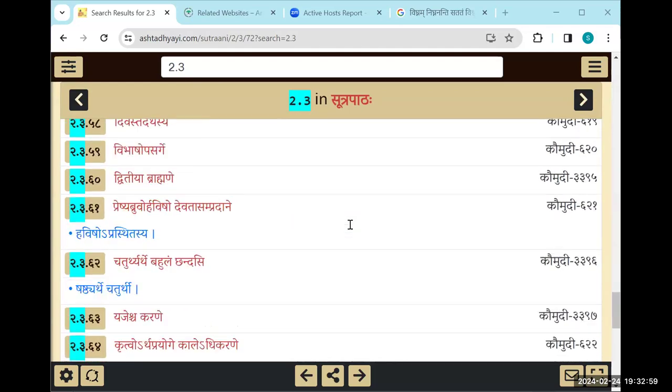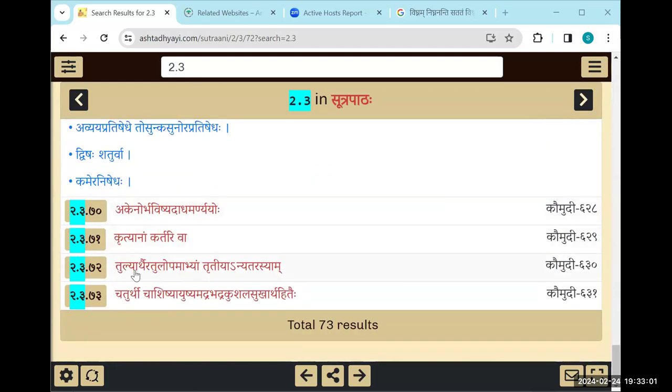And we come down to the almost last sutra, and it says, Tulyarthaihi tulopamabhyam tritiya anyatarasyam. Anyatarasyam is a mouthful to mean optionally. Now, optionally, what is the vibhakti? Tritiya.